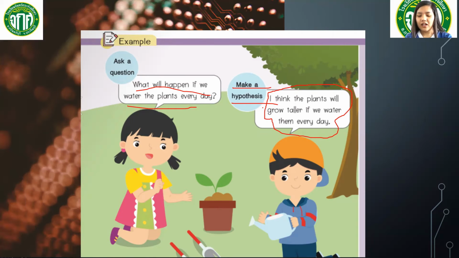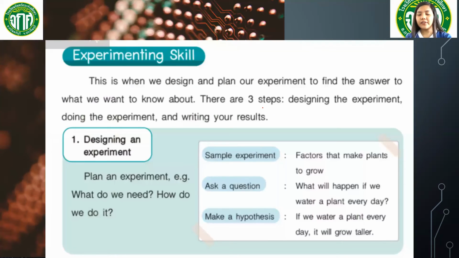All right. So next one, we have here an experimenting skill. So what is experimenting skill? This is when we design and plan our experiment to find the answer to what we want to know about.